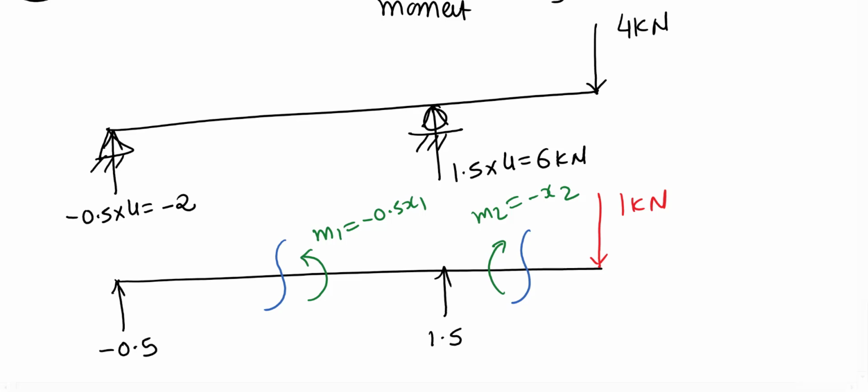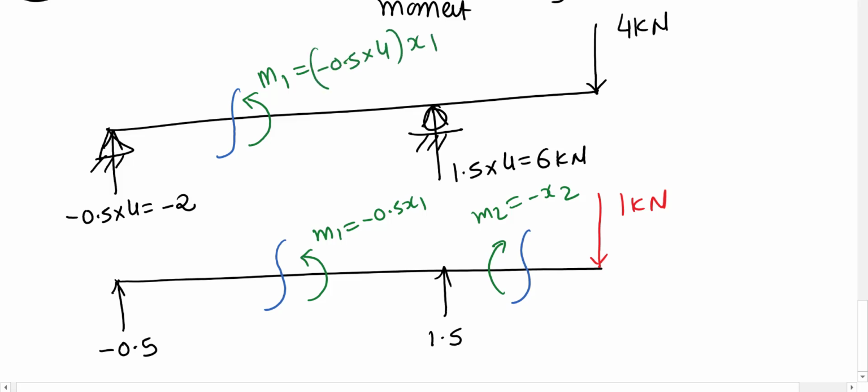Now if I cut it here and want to find capital M1, it equals minus 0.5 times 4 x1, so that gives minus 2 x1. Similarly, if I make the cut here, amplifying everything by 4, capital M2 equals minus 4 x2, because we have an equivalent loading condition.